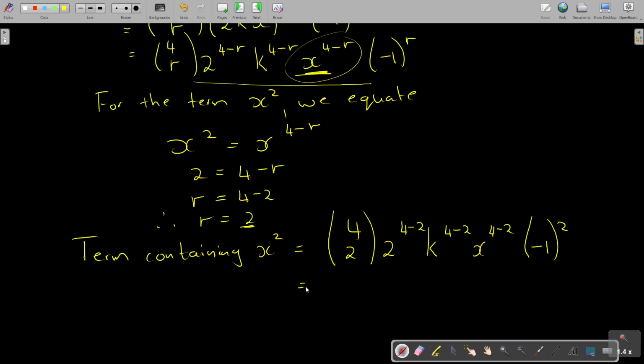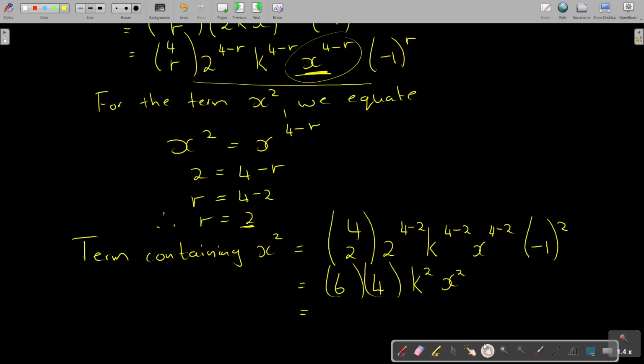So press with your nCr. So it's 4 nCr 2, and that will just be 6. 2 to the power of 2, that will be 4. Then it's k to the power of 2, x to the power of 2, and that negative 1 will just be 1.